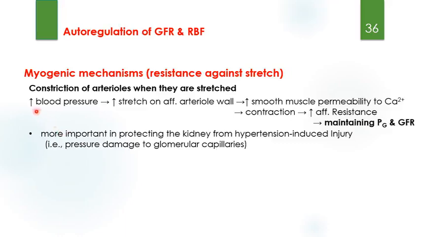For example, if due to increased blood pressure the walls of the afferent arteriole are stretched, the permeability of the smooth muscle to calcium will be increased due to the activation of mechanical receptors that lead to activation of a specific type of calcium channel, leading to entry of calcium into smooth muscle and contraction.